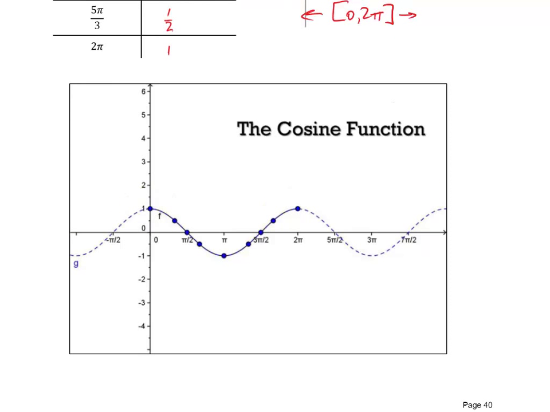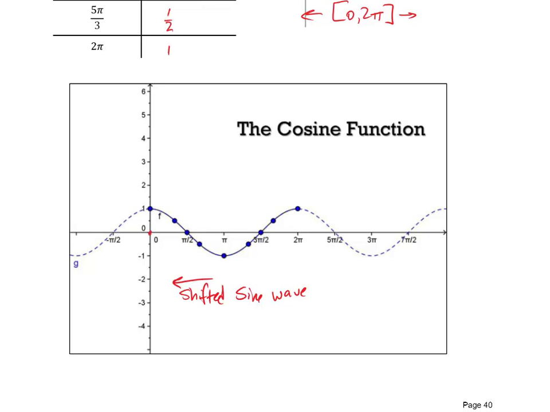This looks almost like the sine wave, except it's shifted this way. It's a shifted sine wave, is what I call that, because the sine starts right here and goes up and comes back down, which I'll draw in a second.